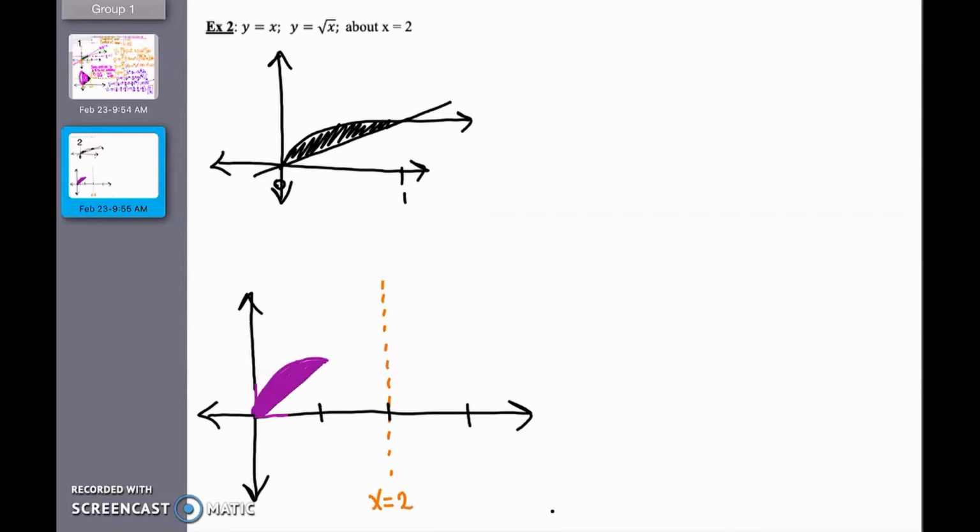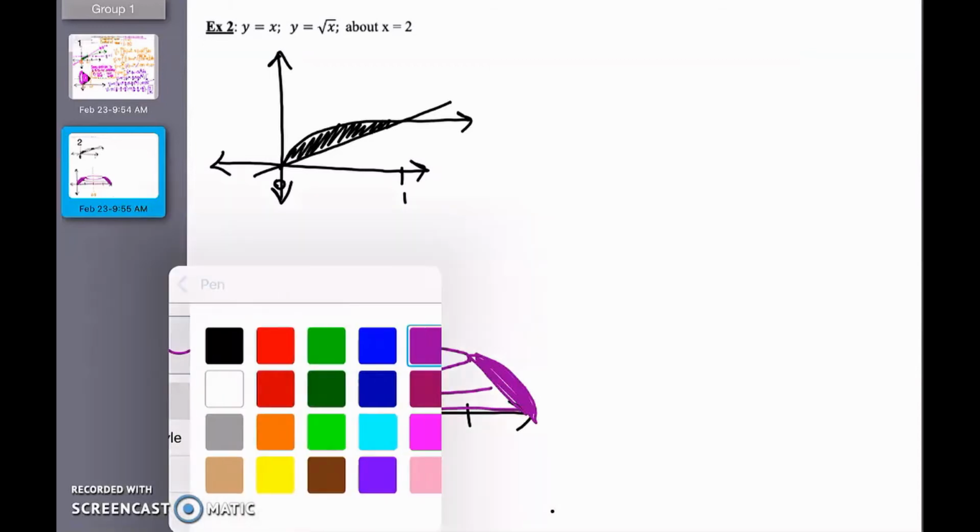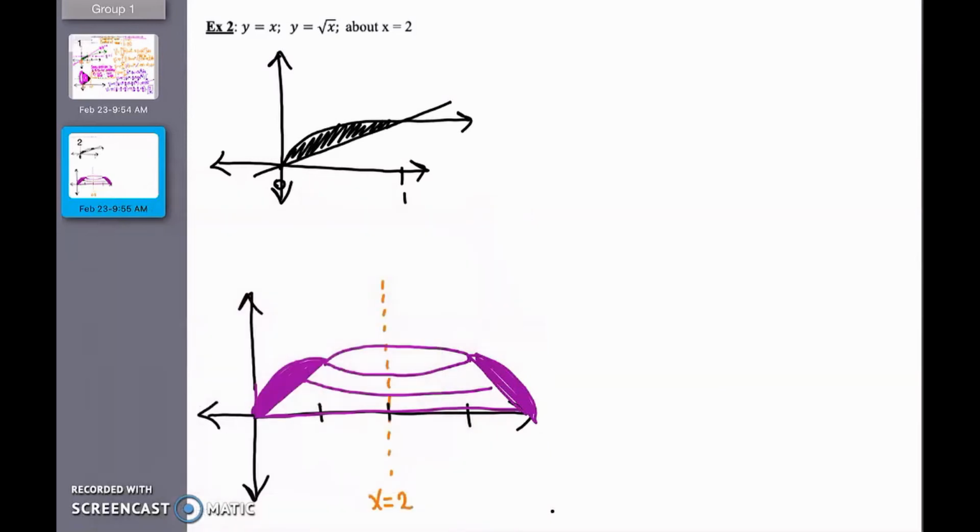Okay, so when I start spinning this around, it's going to create a circle like this, right? And then over here, I'm going to have another kind of boat shape. And so my cross sections, let's change colors so we can really see this here.